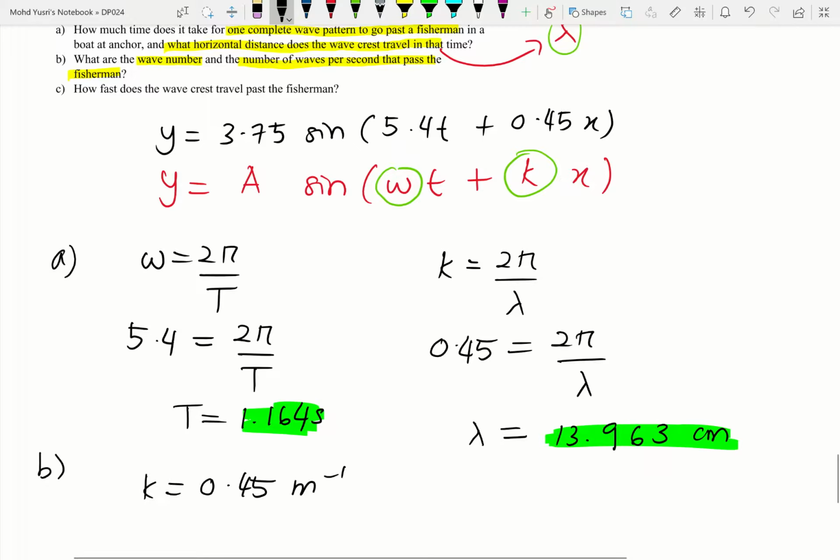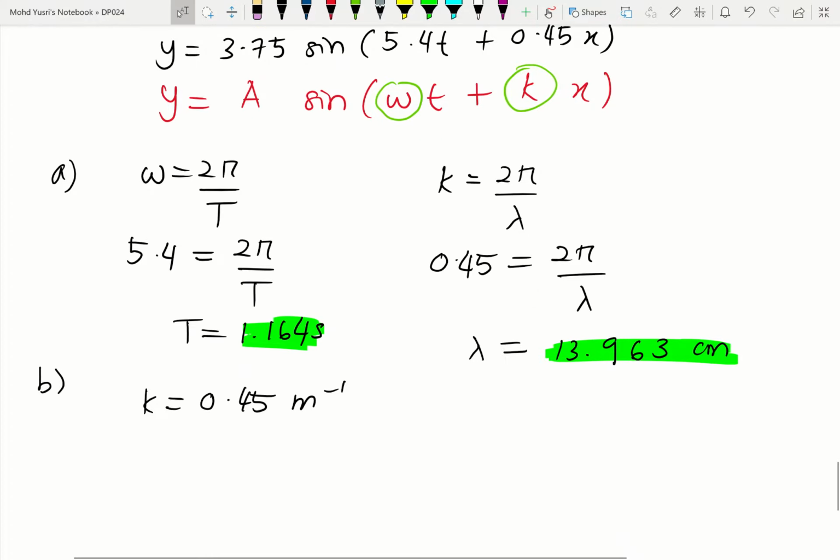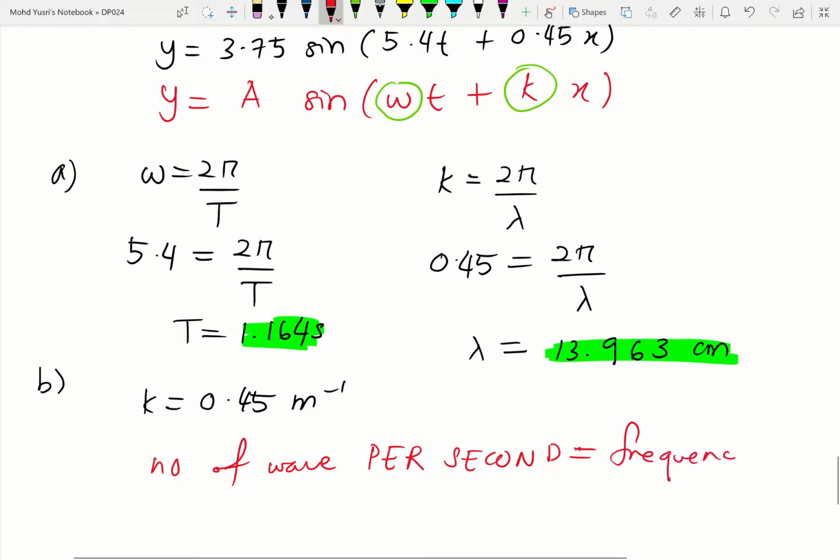But the number of waves per second, okay, so bila soalan minta number of waves per second, I think per second is the keyword. Number of waves per second means frequency. So what is the frequency?